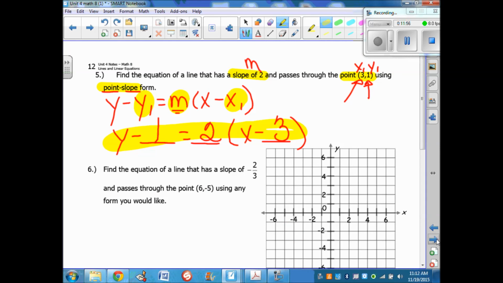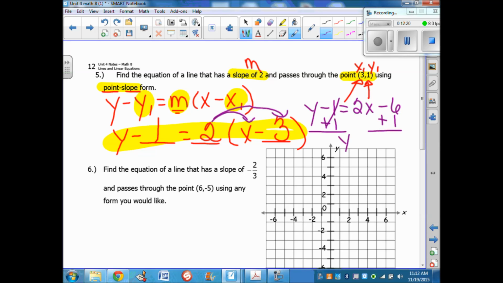What could I do to this equation to make it look exactly the same? What do you want to do with this 2 that's outside the parentheses? Hopefully you said distribute. So y minus 1 equals, let's distribute, 2x minus 6. And now if I solve for y, I get y by itself. If I add 1 to both sides, I get y equals 2x minus 5.